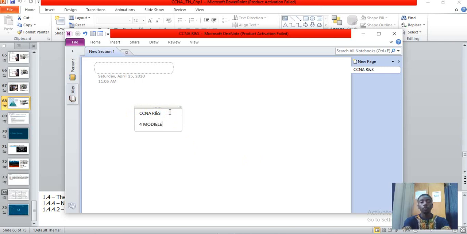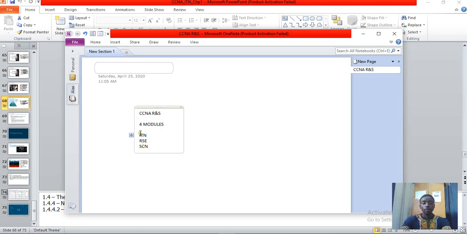We have 4 modules, and we have to complete all of them. They comprise ITN, Introduction to Networks, that is module 1, and we have Routing and Switching Essentials, RSE, that is module 2, and module 3 is SCN, Scaling Networks.